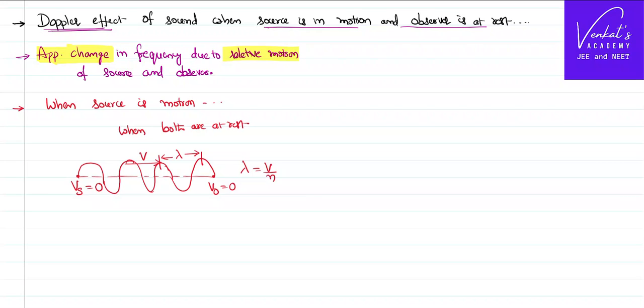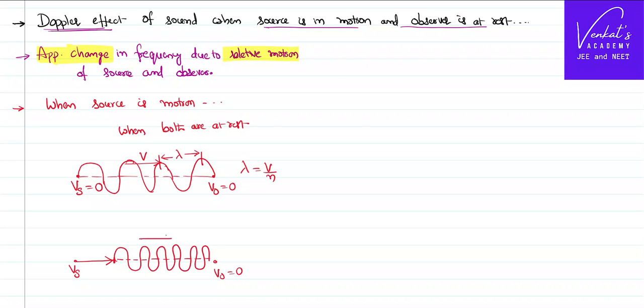Now let us consider a case where the source is not in the state of rest but is moving forward, and the observer is in the state of rest itself. Now, as the source is moving forward, it pushes the wave towards the observer, so the waves come close to each other.